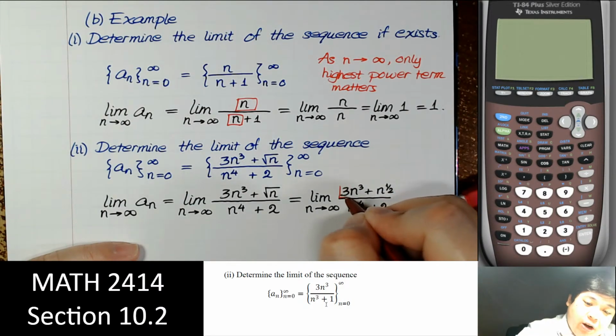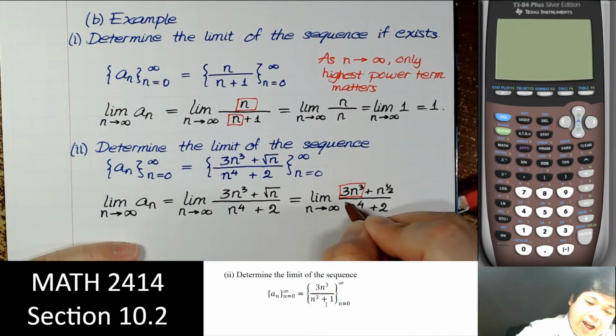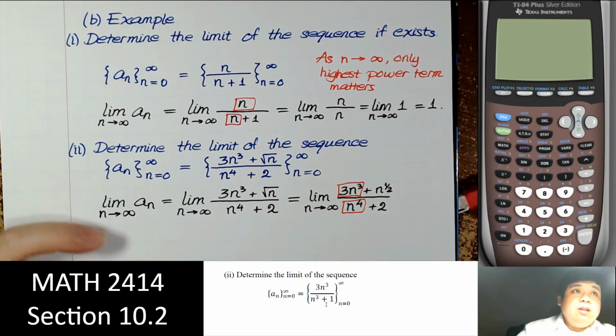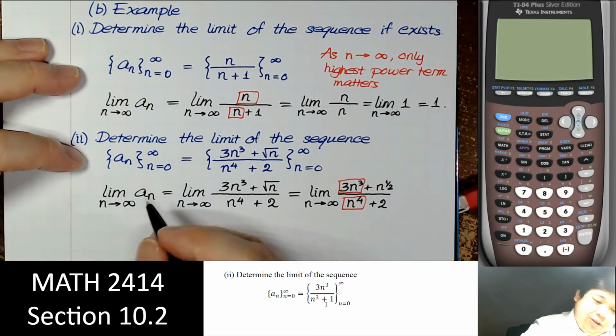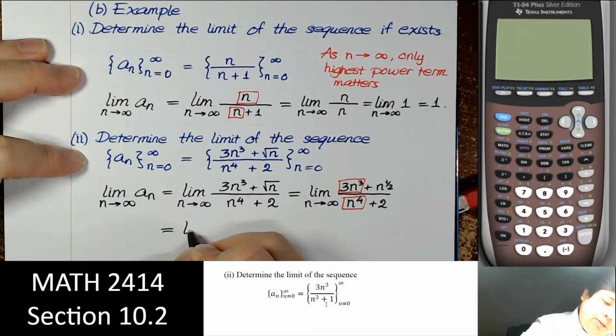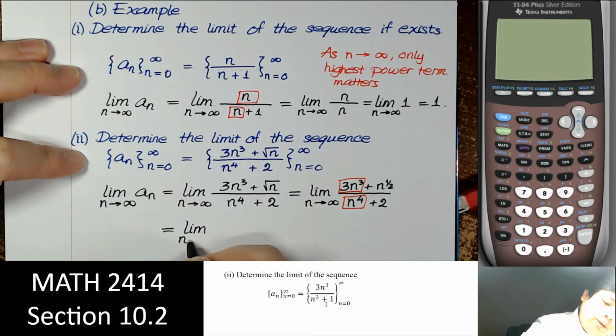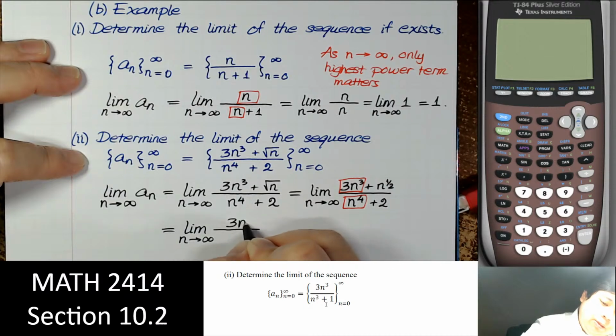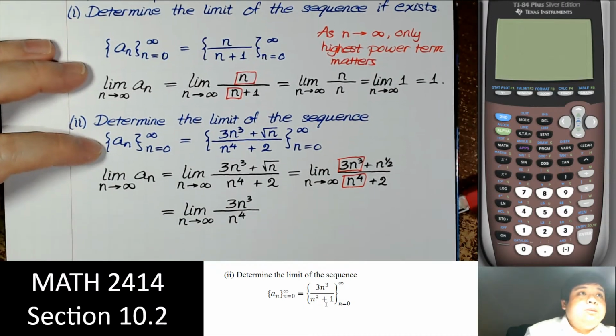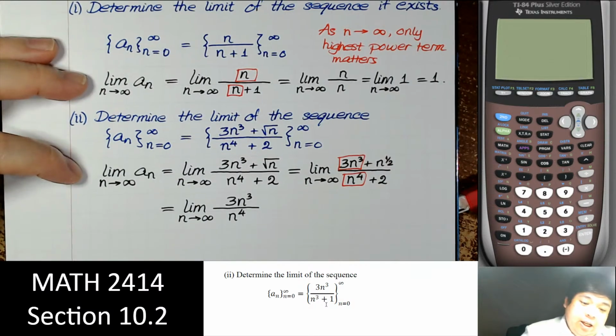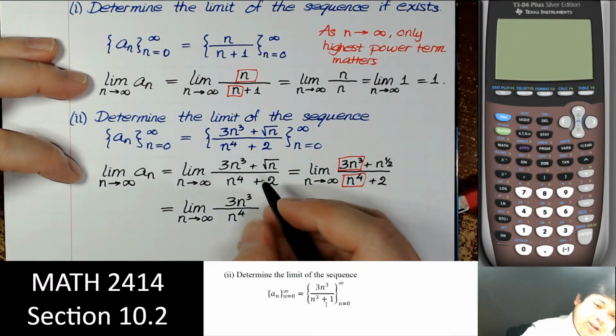Take the highest power on the top and highest power at the bottom. And then simplify.